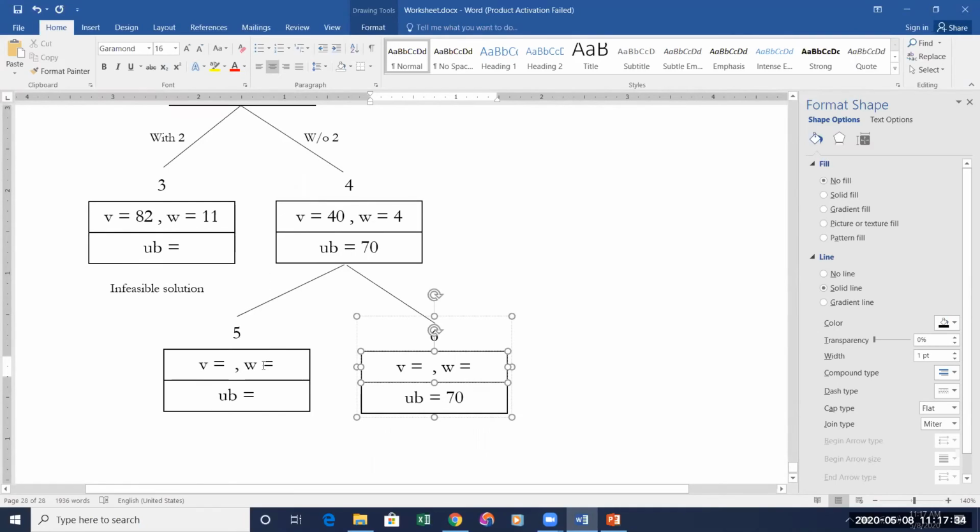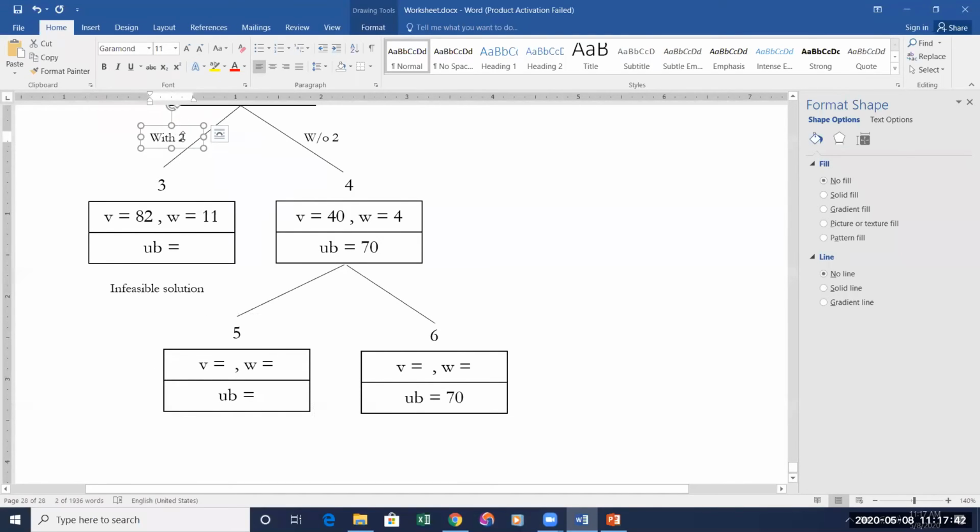So you can first calculate the weight itself, don't consider the value first, consider the weight first. So you are now considering item number 3, with 3 and without 3. Because we are in the third level. So as the level increases, even the item number also increases. So level corresponds to the item.